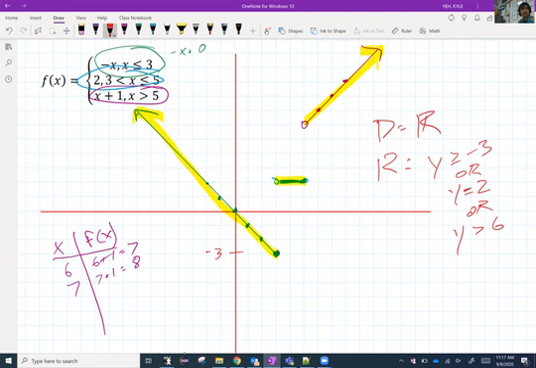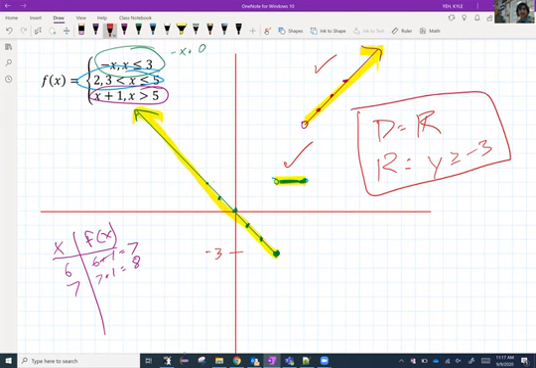We don't need to do that because all of those are actually taken care of by the very first one. y is greater than or equal to -3. Does that include 2? Yep, 2 is. Does that include everything above 6? Absolutely. And so we were able to just write the range. We're hitting everything above or equal to -3.